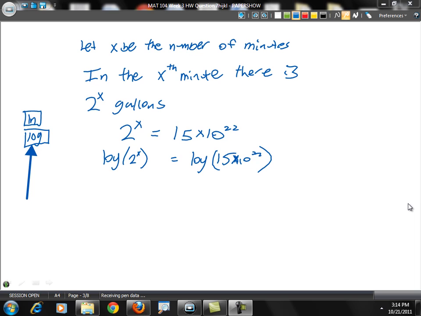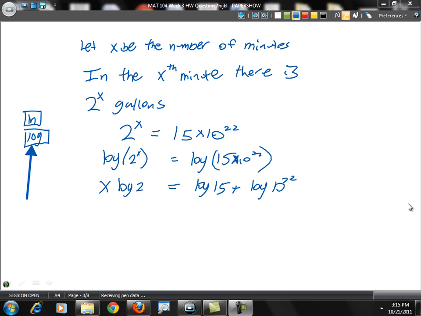Okay, so let's use this property that's based on the power rule. We can say that on the left-hand side, this is x times log 2. And then here, we can use that other property that's based on the product rule. We can say that this is log 15 plus log of 10 to the 22nd power.